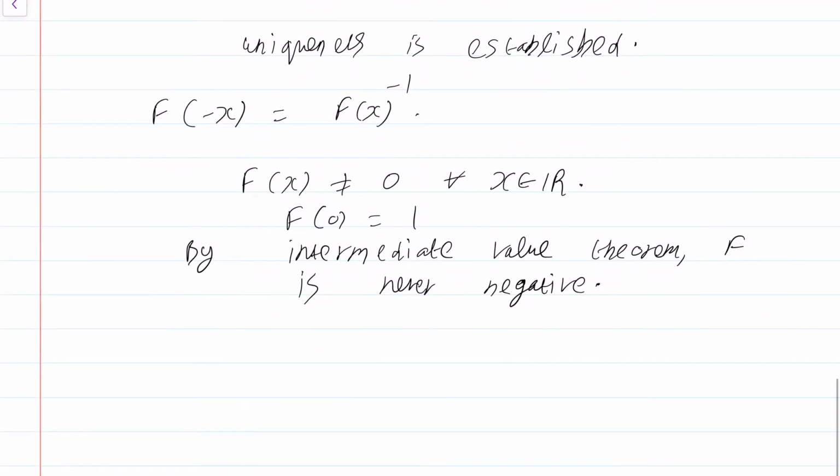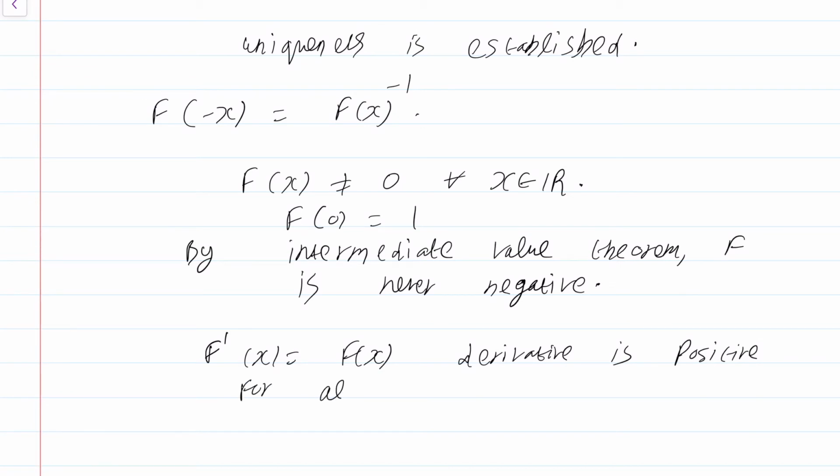Now f prime of x is just f of x, which means the derivative is positive for all x. The derivative is a positive function.